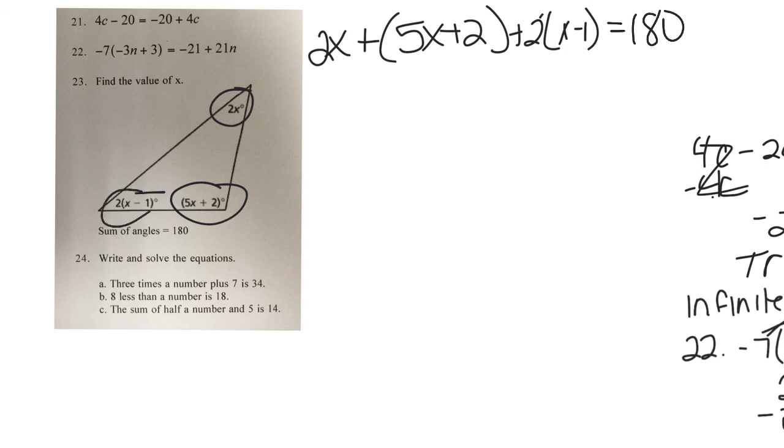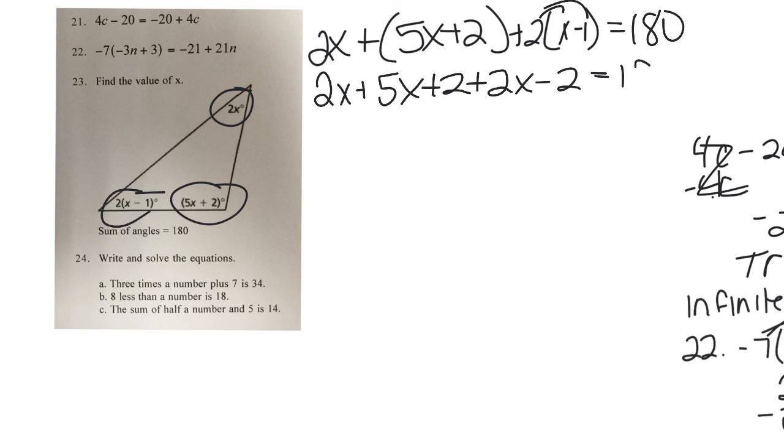So we have to distribute this 2. So 2x plus 5x plus 2. There's nothing to do with those parentheses because there's not a number in front, but we're going to distribute the 2 plus 2x minus 2 equals 180. Then we have like terms. We have 2x plus 5x plus 2x.